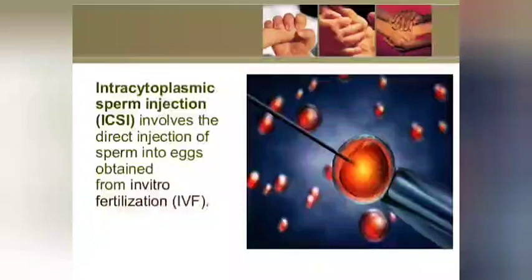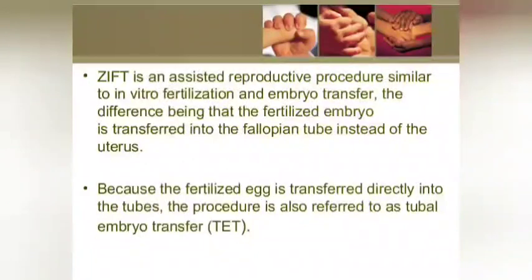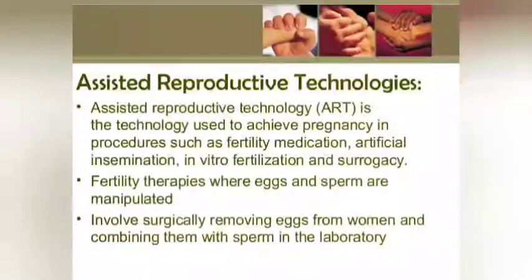So it is one step ahead or more advanced than IVF. And once the embryos are formed, these embryos are then placed either just like GIFT, that is zygote intrafallopian tube transfer, or through embryo transfer.